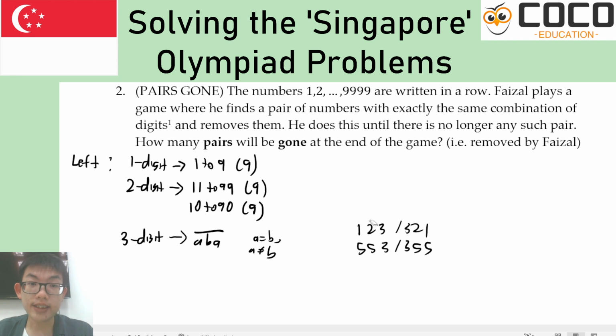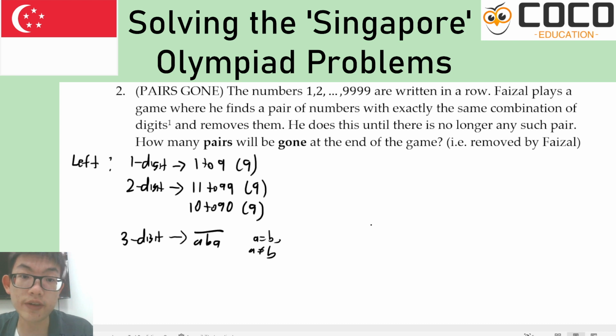Now you realize that based on what we have written earlier, all those that end in a zero cannot be reversed. So those ending in a zero, we have to check what happens with them. If we have, let's say, something like 120, then it is okay. Because for something like 120, 210 would also be that.